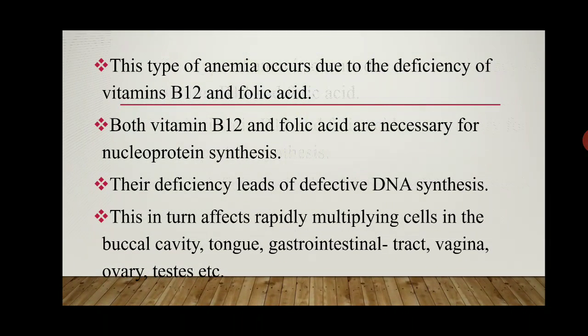In this type of anemia, either immature RBCs or large cells of the RBCs are formed, that is, megaloblasts are produced. Why does megaloblastic anemia occur? This type of anemia occurs due to the deficiency of vitamin B12 and folic acid in the body, producing megaloblastic anemia.